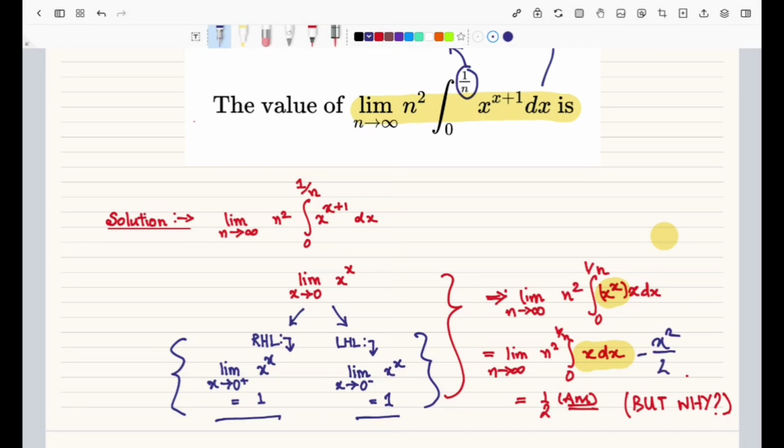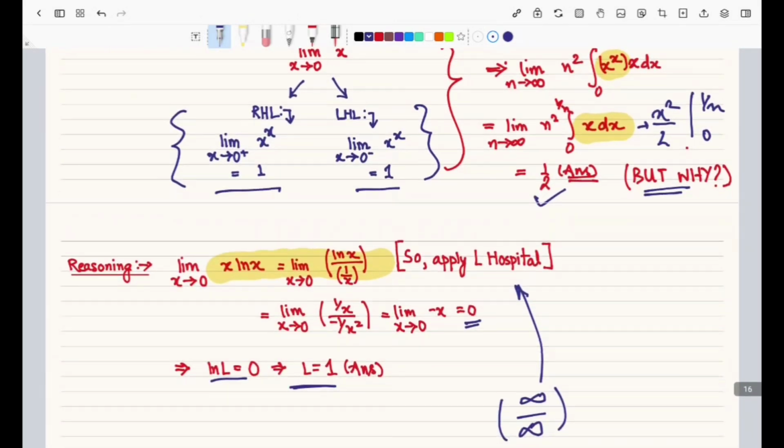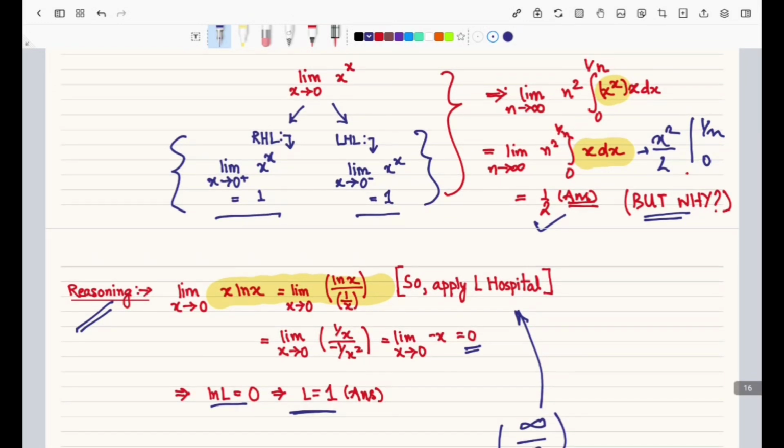If you put in the limits, you will get the answer equal to half. This is the reasoning for why the limit of x to the power x as x tends to 0 is equal to 1.